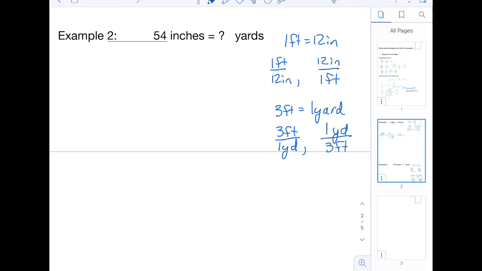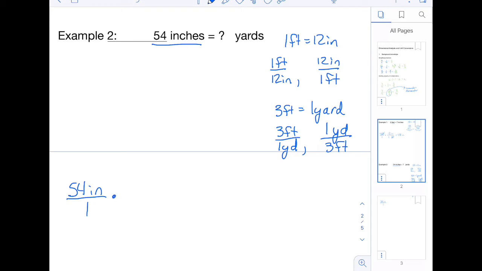So this is going to be a 2-step conversion. We can do as many steps as we want, but rather than writing out first converting inches to feet and then converting feet to yards, let's do this all in one calculation. So I'll start with my given, 54 inches.